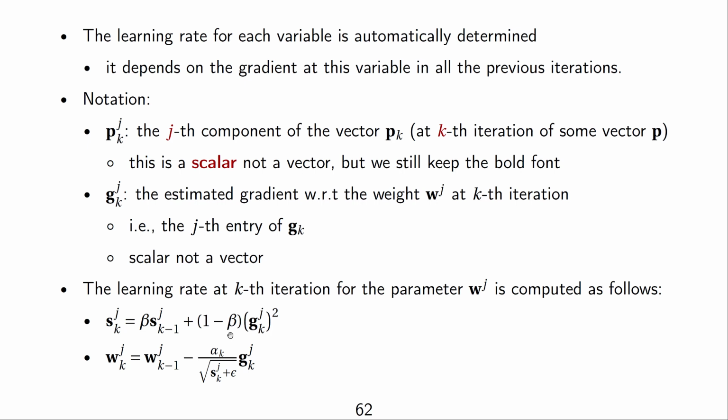Going back to the previous algorithms, they were also computing this exponentially moving average of the gradient one parameter at a time. But what we see here is mainly a notational inconvenience. We not only have the subscripts k to denote the iteration number, we also have superscripts j now.